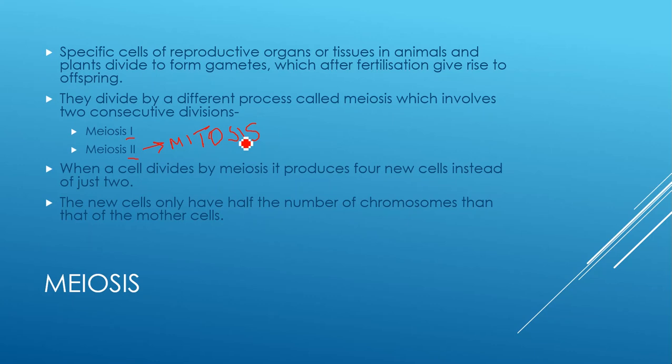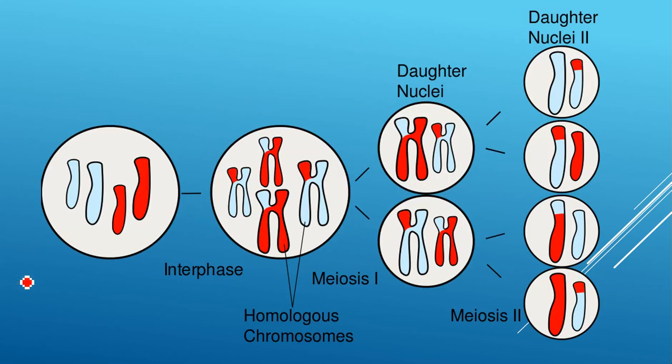Suppose I show you the diagram, you can easily understand. You can see here, in the very first diagram, there are two kinds of chromosome. One is blue in color, one is red in color. But in the very first division, you can see they have changed. You can see a part of the red one with blue, and a part of the blue one with the red.